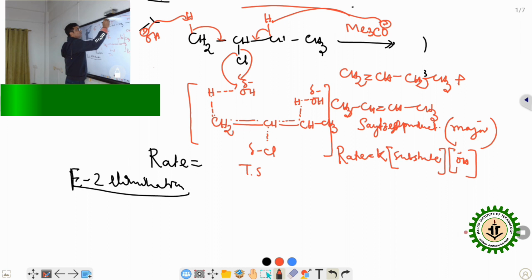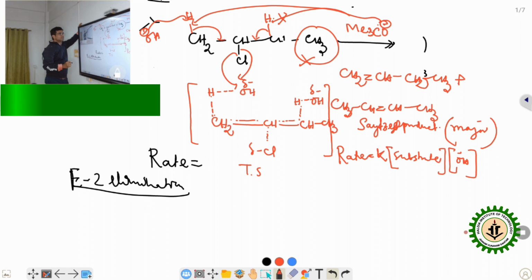This is the less hindered side proton compared to the alternate beta position, because this group will be hindered by this methyl group. So from this side, this base will not abstract this beta hydrogen. It will specifically abstract the beta hydrogen from the less hindered side, and now one alkene will be the major product.